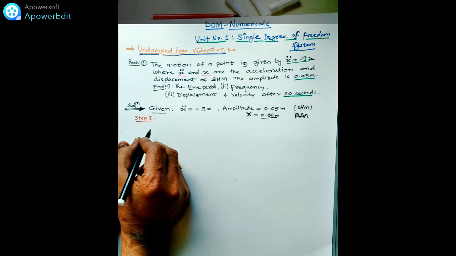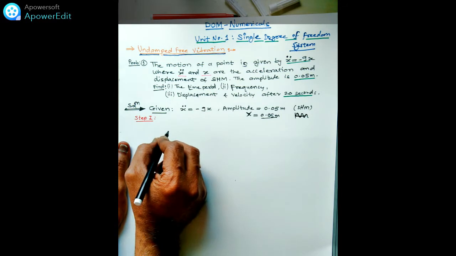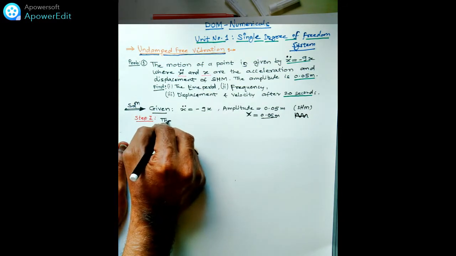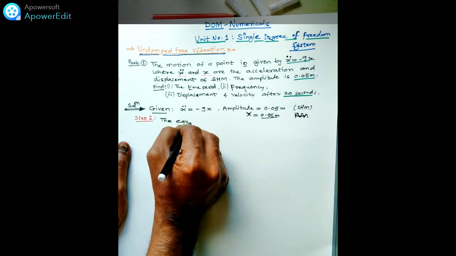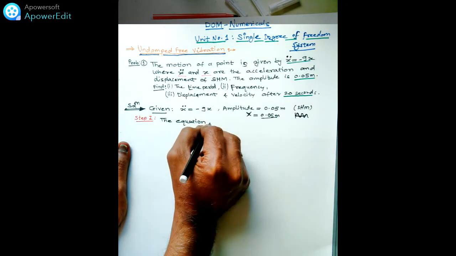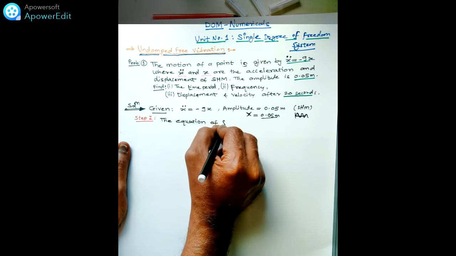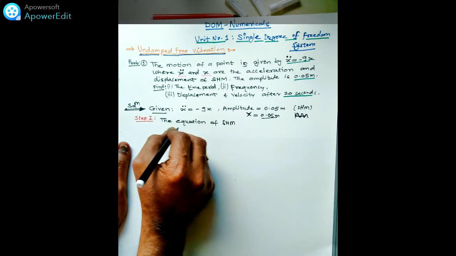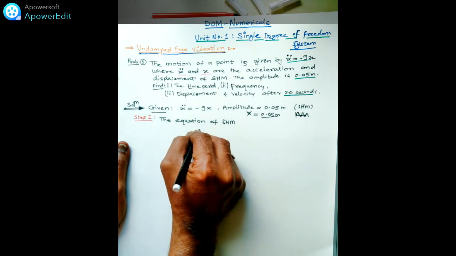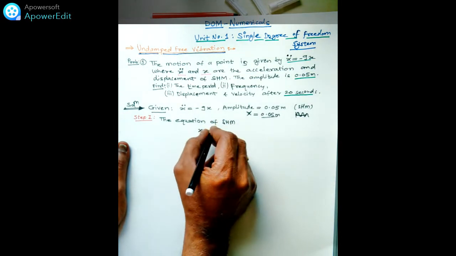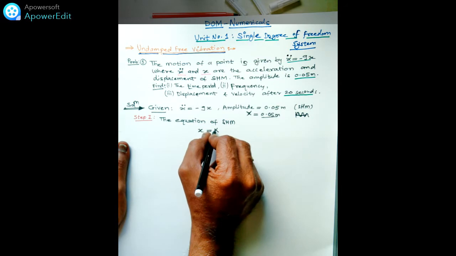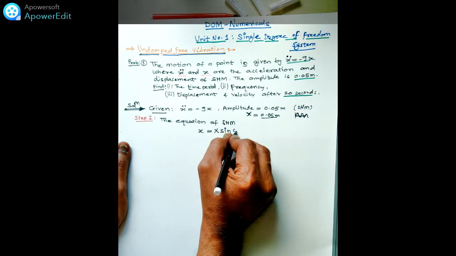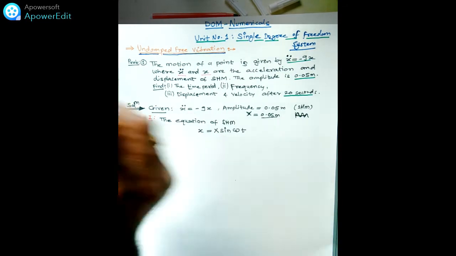Friend, in step 1, what we are going to do? We are writing the generalized equation for the SHM. We can write like this: small x is equal to amplitude capital X into sine omega t.